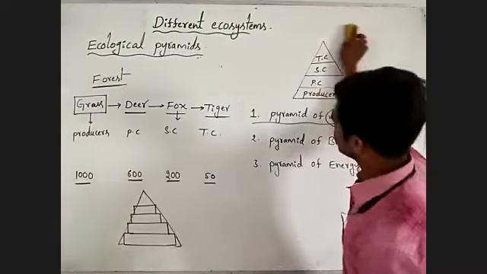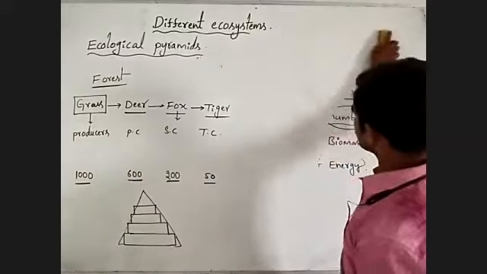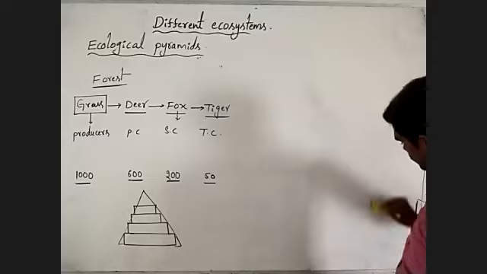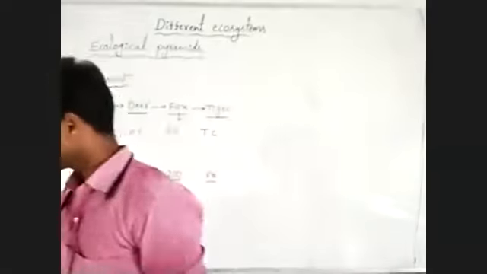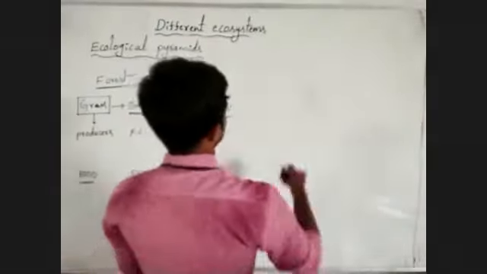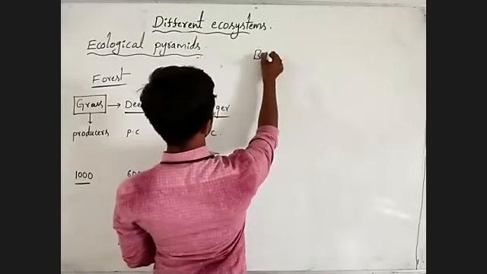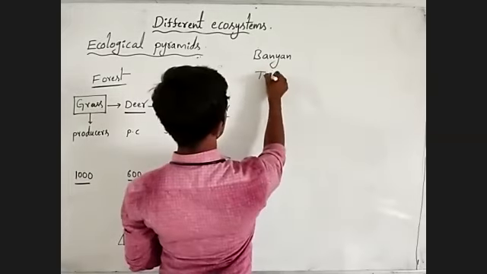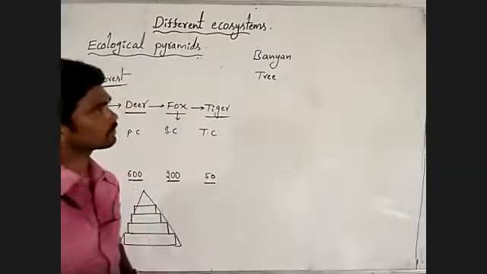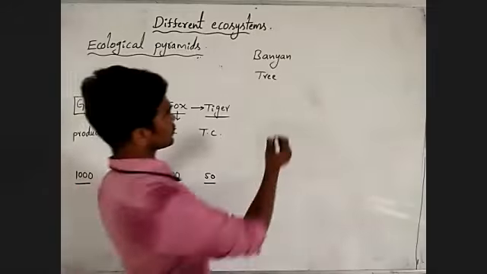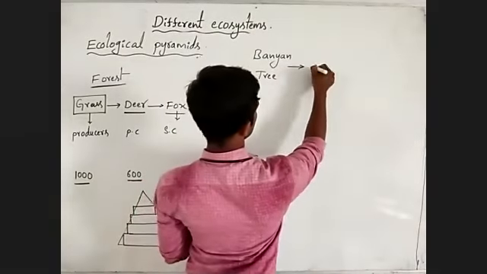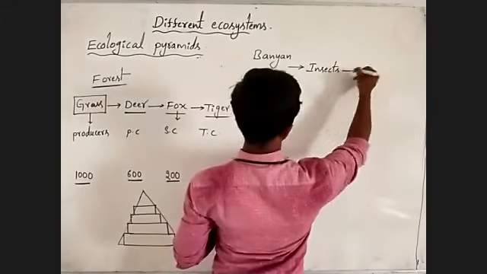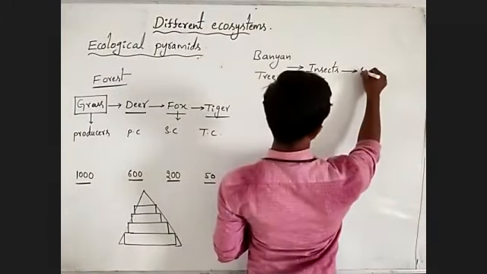Next, let's construct another ecological pyramid of number. For example, banyan tree. Next, insects. Next, small birds.